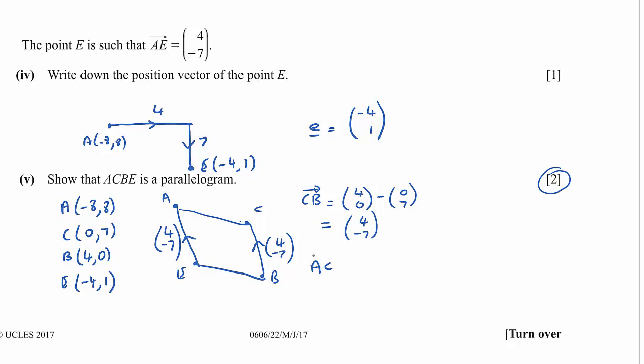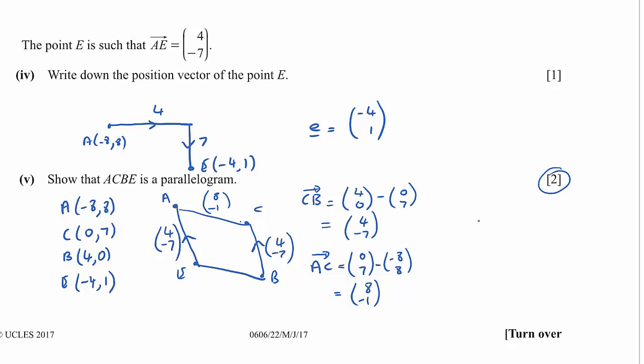So what about AC? That's going to be C take away A. So AC is going to be (8, -1).